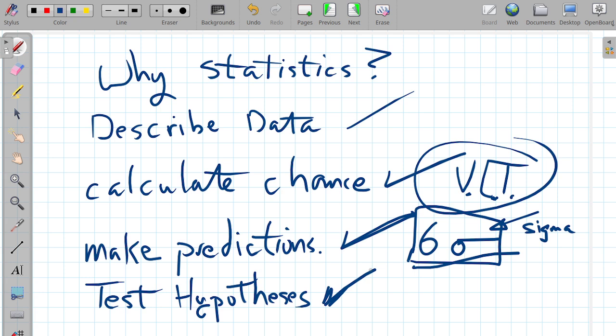Actually, no, let me illustrate an example of that. The hypothesis that smoking cigarettes leads to lung cancer as a consequence of smoking cigarettes. For many decades, that was an argued hypothesis.